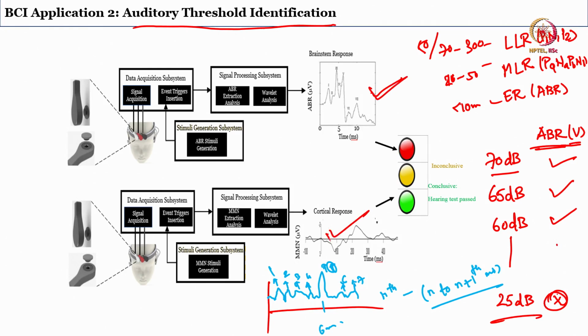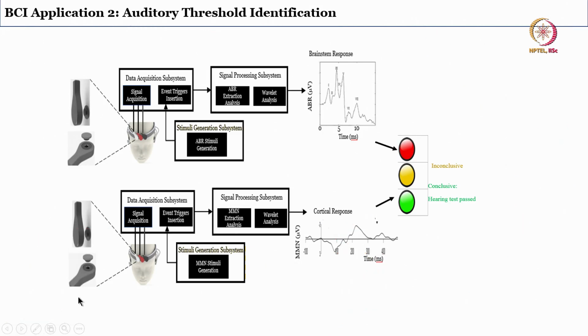The same thing you can do for this: this is your N1, negative 1, which comes under 100 milliseconds. This is P2. Prior to that P1 might or might not be there, and this is your N2. N1, P2, N2 is known as the late potential complex of the auditory evoked potential, or cortical auditory evoked potential. So you can record this kind of thing.